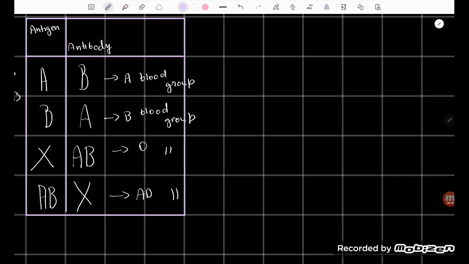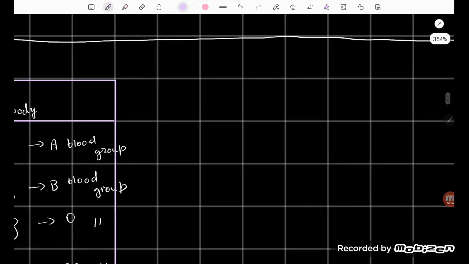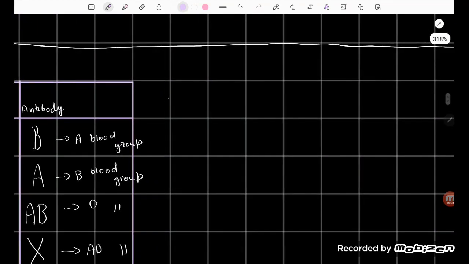So there was another factor, which is known as the RH factor. It came to be called RH because they first found this in the rhesus monkey. That's where they took the RH from. So unoriginal, I know.